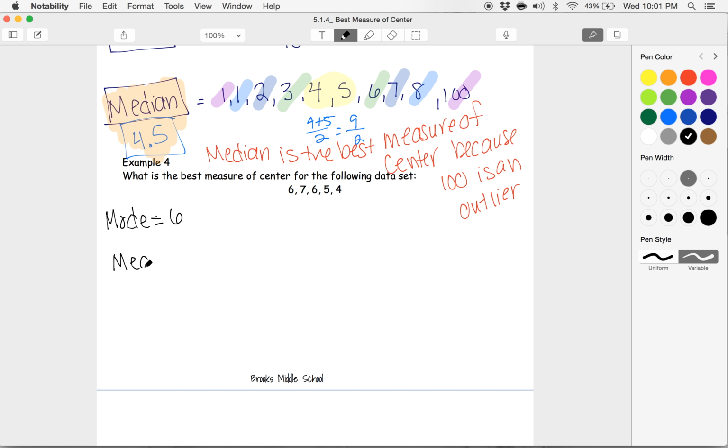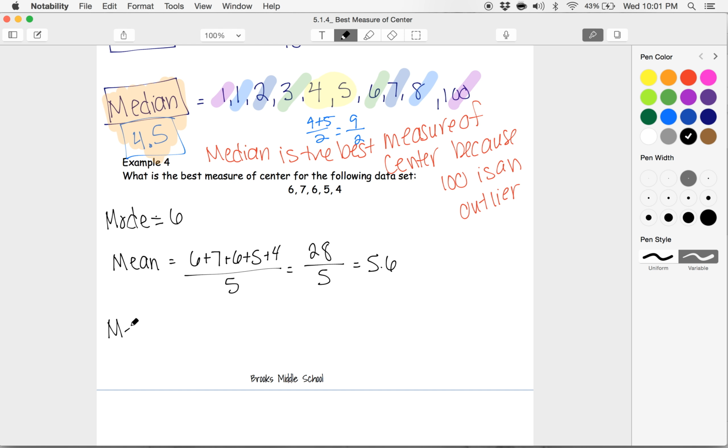Okay, let's find our mean next. I'm going to add them up and divide by how many? 5 of them. 6 plus 7 plus 6 plus 5 plus 4 gives me 28 over 5. 28 divided by 5 gives me 5 and 6/10.